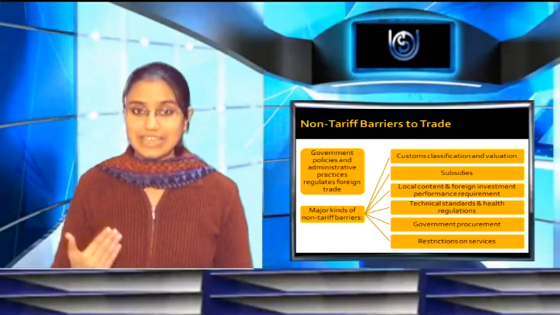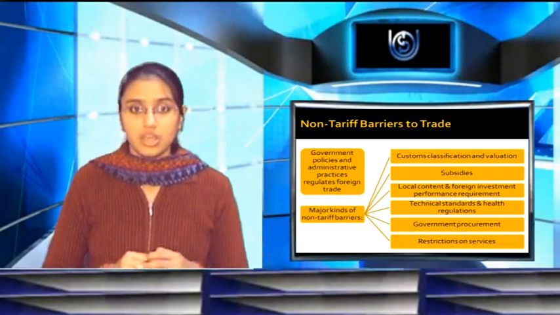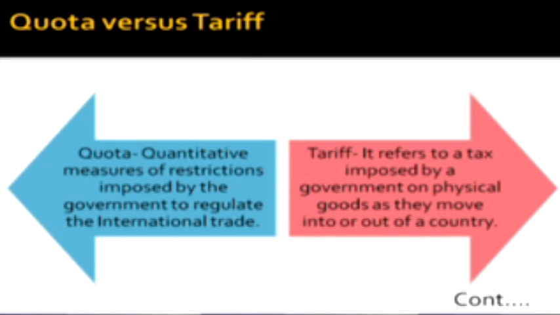In that case, power flows to the officials, which may lead to corruption. Then import quotas are more likely to cause smuggling. Yes, there is a chance of smuggling of that particular product.